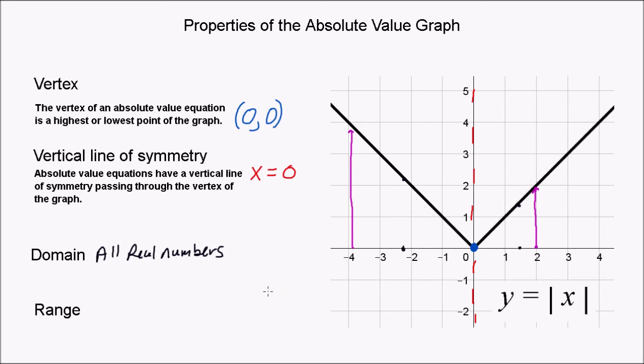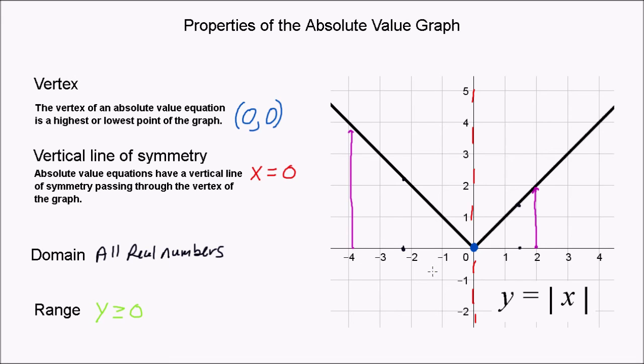The range of an absolute value equation is y is greater than or equal to 0. Geometrically, you can think of the absolute value in terms of a number's distance from 0, so this amounts to saying a number's distance from 0 cannot be negative.